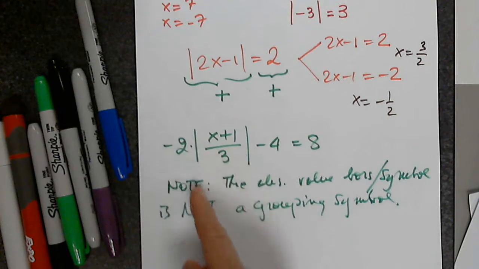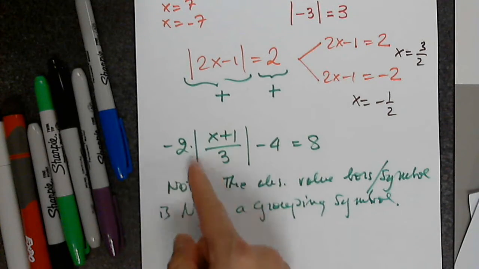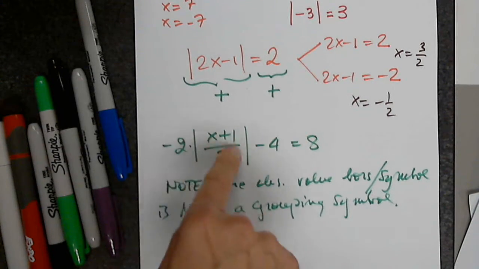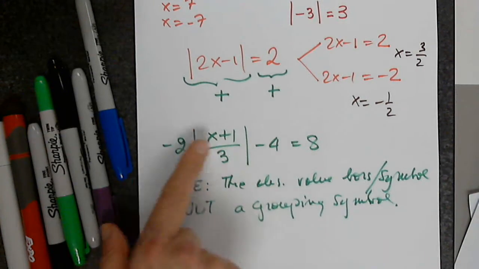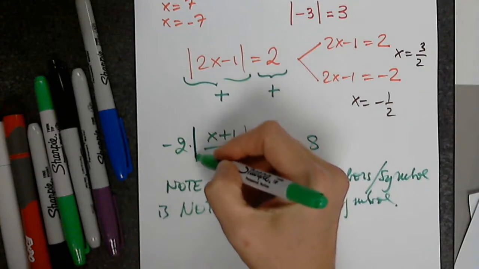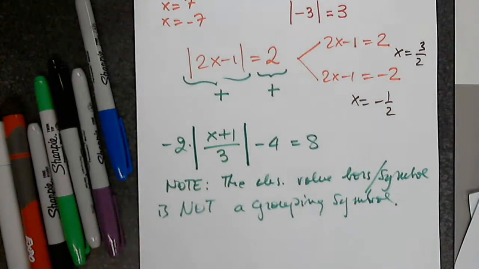So the absolute value symbol or the absolute value bars are not grouping symbols. -2 cannot be distributed. Nothing can be distributed inside. So do not treat the absolute value bars like parentheses or brackets. You cannot do that. So coming back, the question is, what do I do?